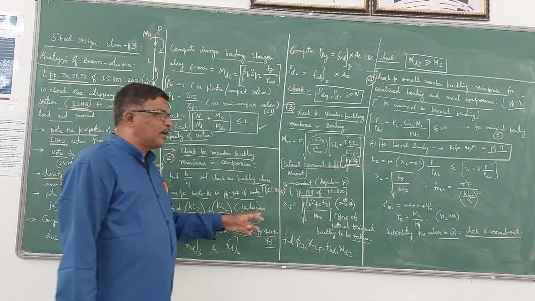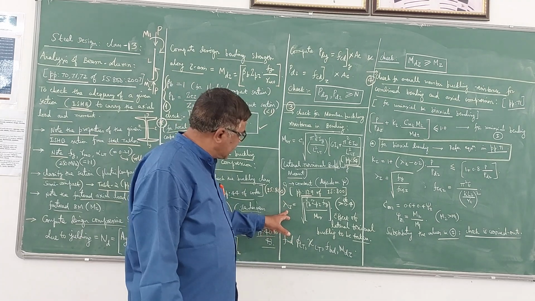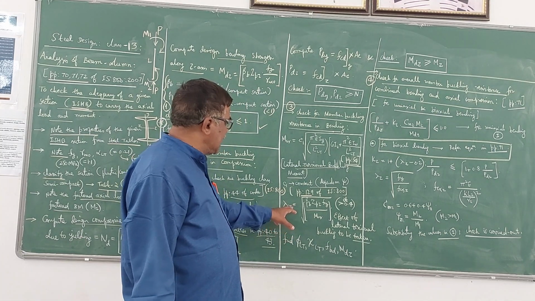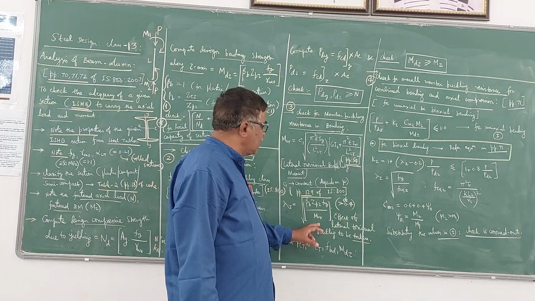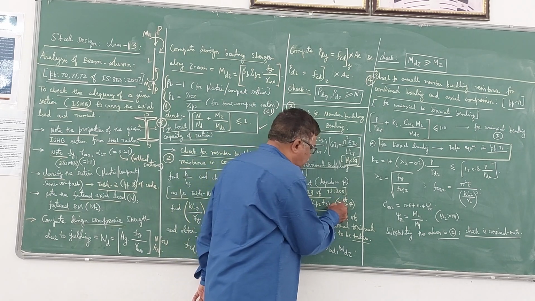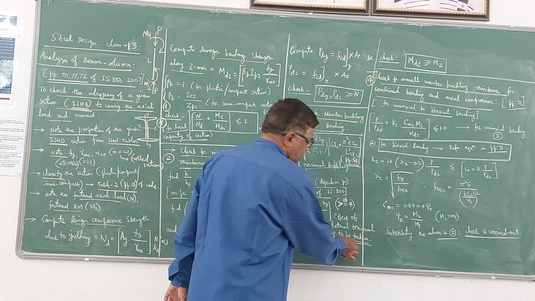Then we have to calculate one non-dimensional stability ratio lambda LT using this formula, root of beta b Zp fy by MCR. If it is greater than 0.4, then the effect of lateral torsional buckling has to be considered.